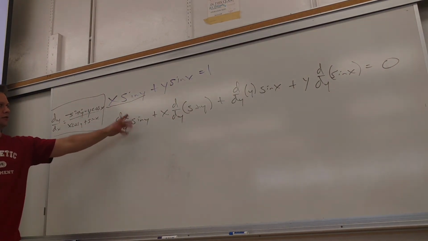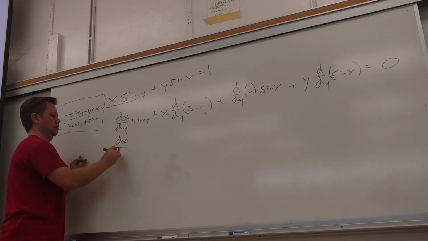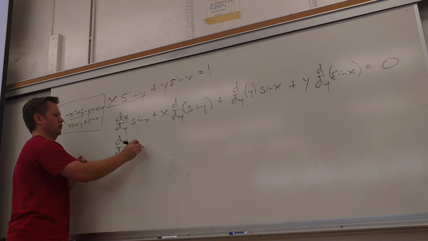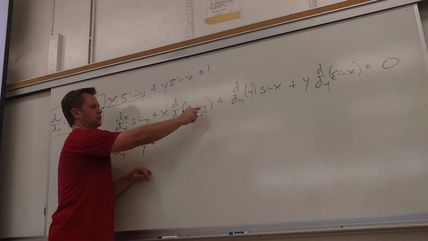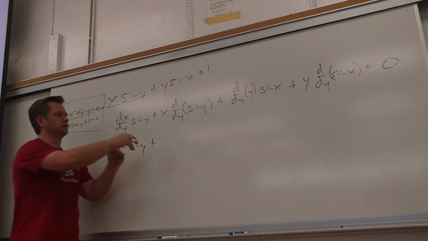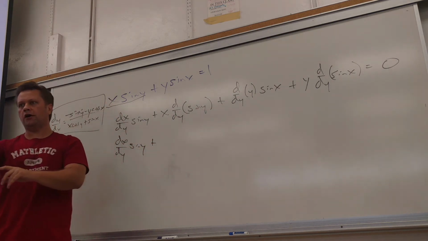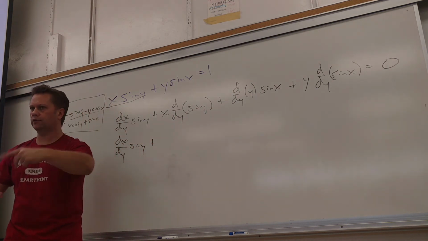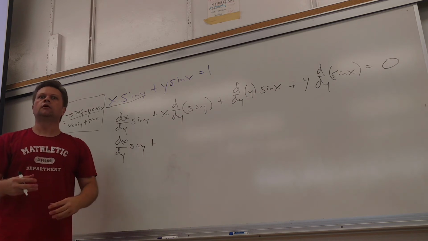So here, that's done. dx/dy sine y plus, what's d by dy sine y? Cosine y. Because then it would be times dy/dy, which is 1. The same reason why dx/dx is 1. The same reason it doesn't show up then.